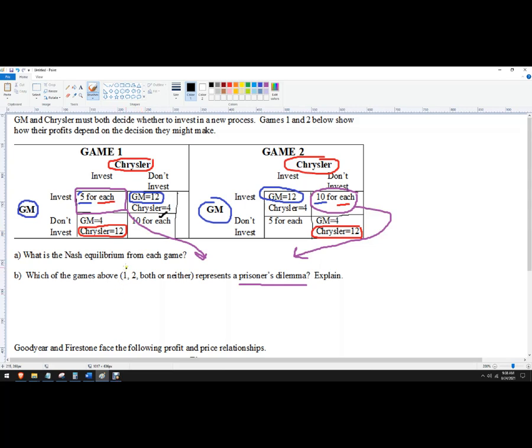So definitely game one is a prisoner's dilemma, because they're going to end up competing, both investing, and end up with the worst payoffs. Game two is not a prisoner's dilemma, because they didn't result in this right here. They ended up in a better situation, in fact the one where they've kind of maximized the payoff. So it's just game one.